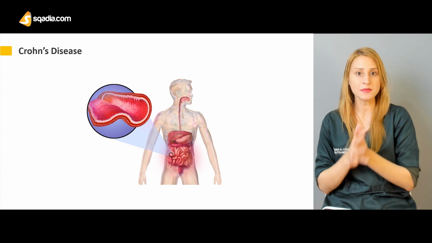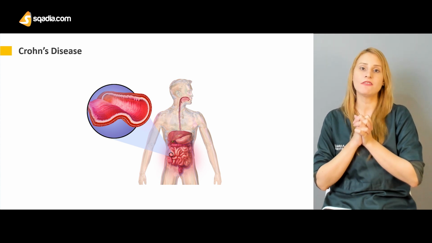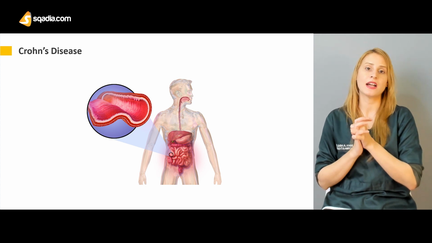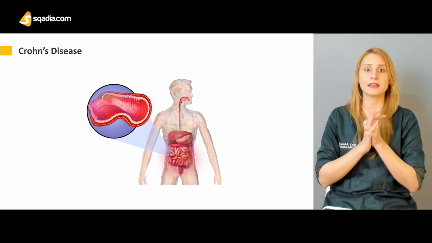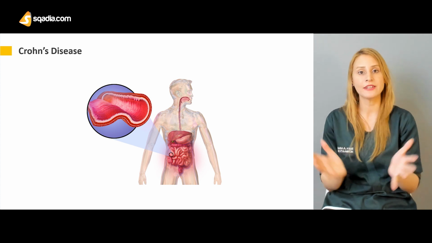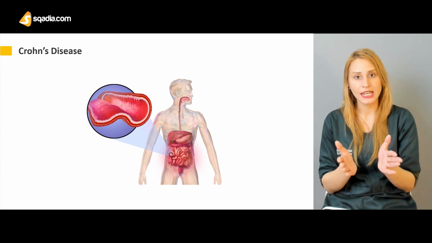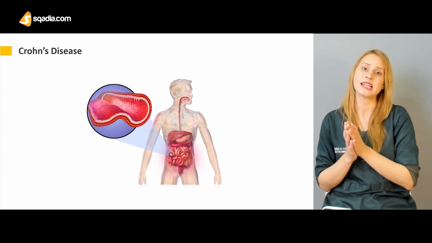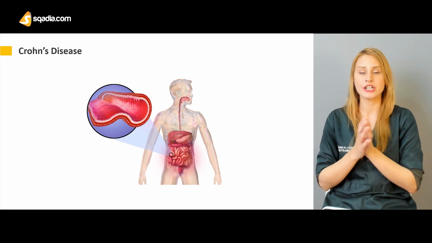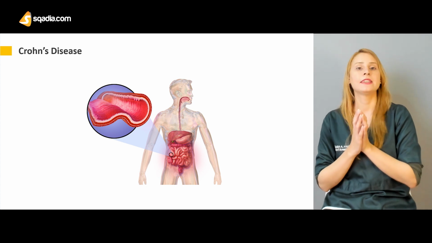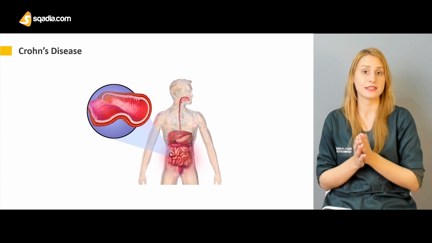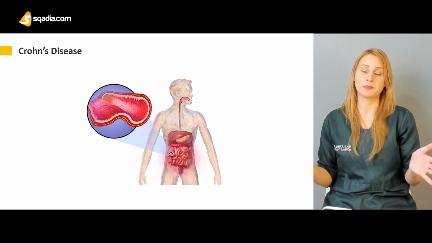Now, sometimes the patient can have ulcerations as well, and because of these ulcerations and their necrosis, and because of the ulcerative wall, the patient can end up with a perforation. The most common site for the perforation is the ileum, and the patient can present to you with the signs and symptoms of acute appendicitis, and you may suspect acute appendicitis.